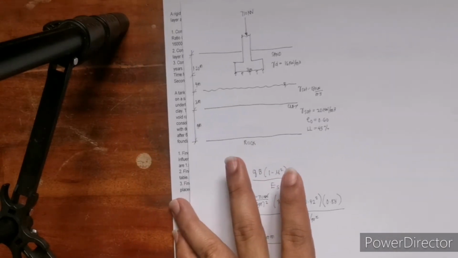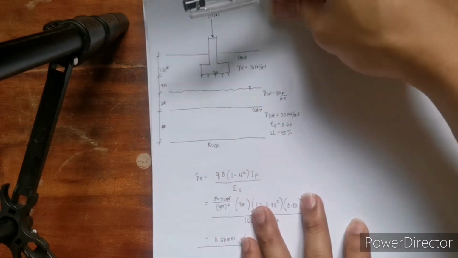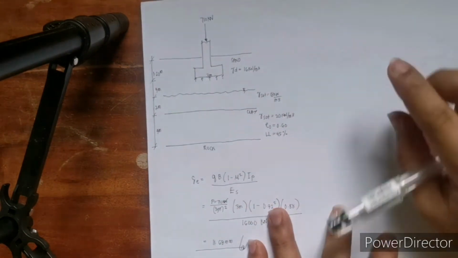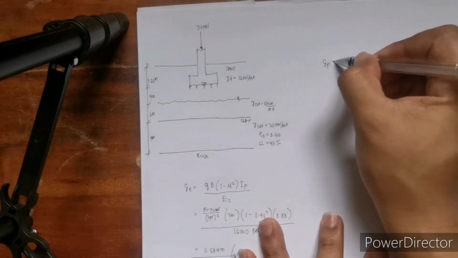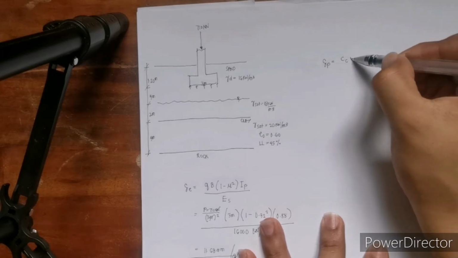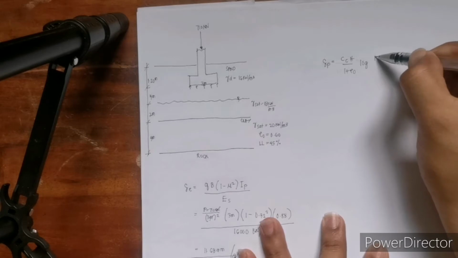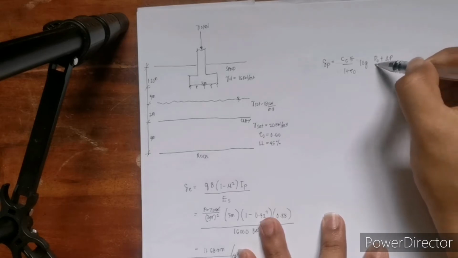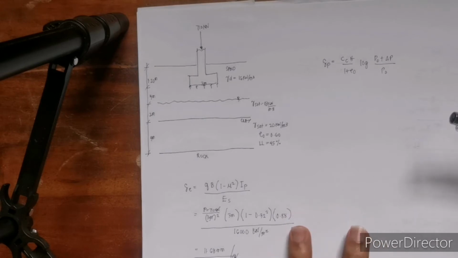Okay, so for primary consolidation settlement, pag pinag-usapan yung normally consolidated clay, iisa lang yung formula doon. And that is primary settlement equivalent to Cc H over 1 plus e sub o, logarithm of Po plus delta P over Po. Okay. Substitute natin yung mga parameters.